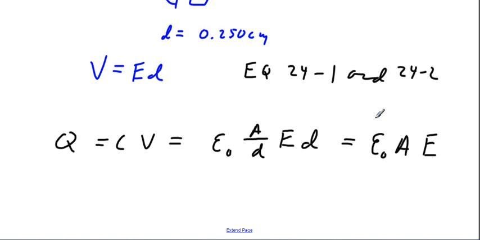Now I know epsilon naught, the area, and the electric field, so I can solve for Q.